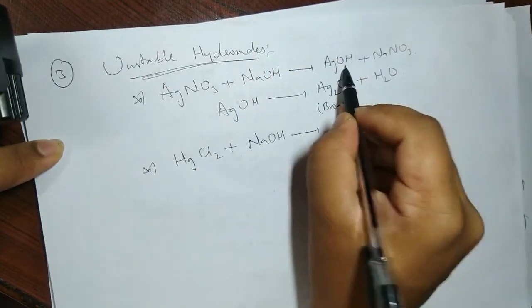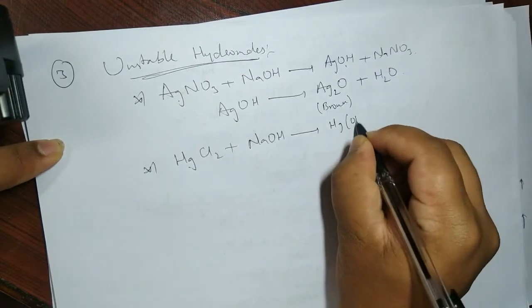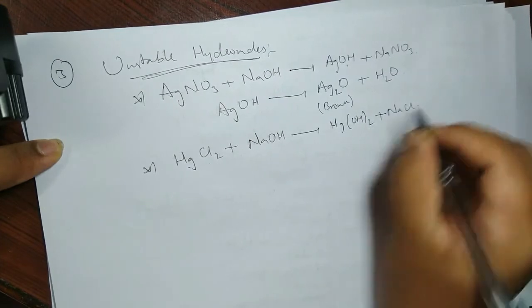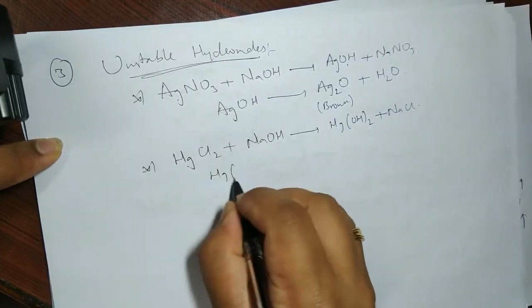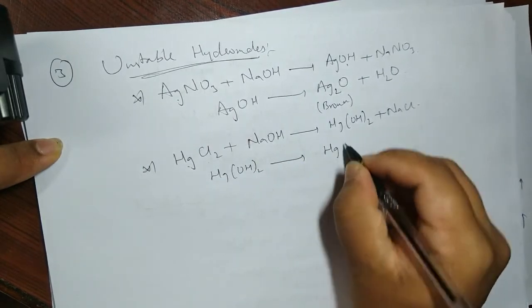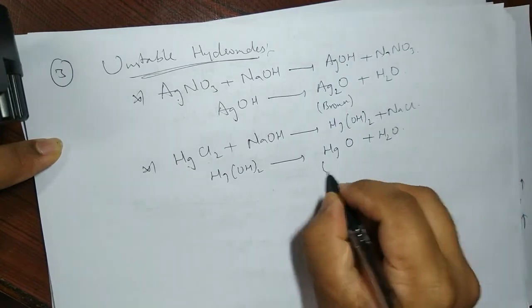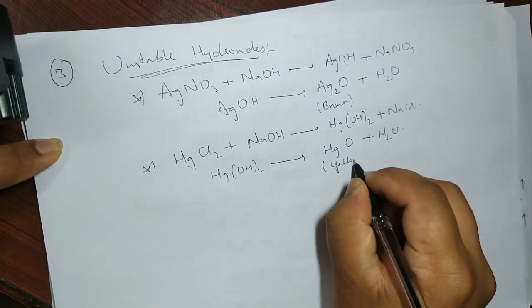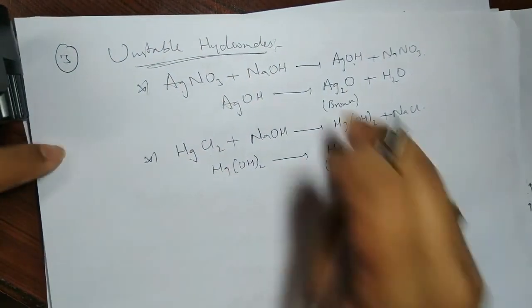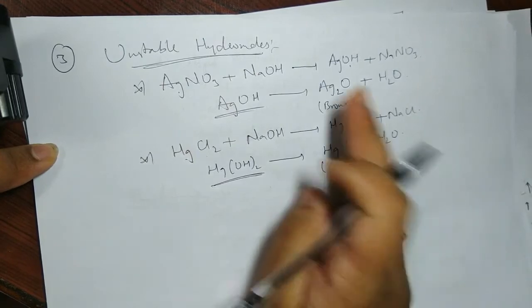Mercuric hydroxide, Hg(OH)2 plus the salt NaCl, and this Hg(OH)2 will quickly decompose into water and mercuric oxide, which is yellow in color. So unstable hydroxides are highly unstable and quickly decompose into respective oxides, liberating water.